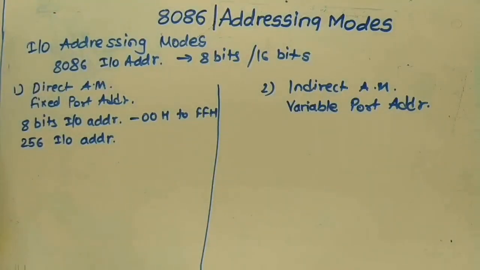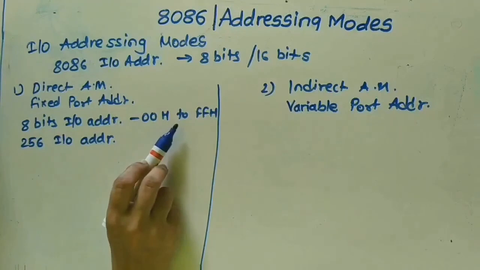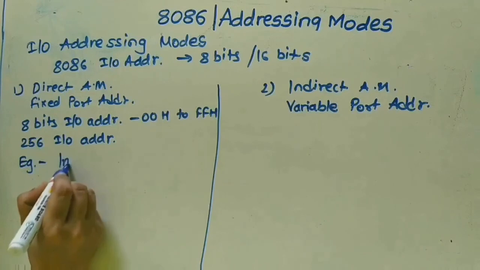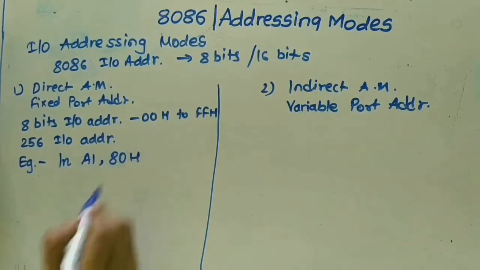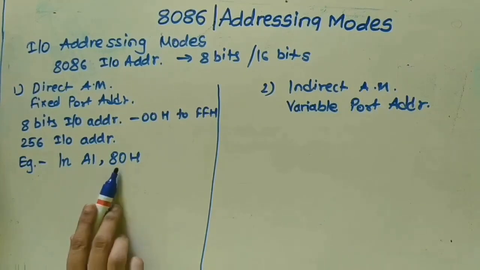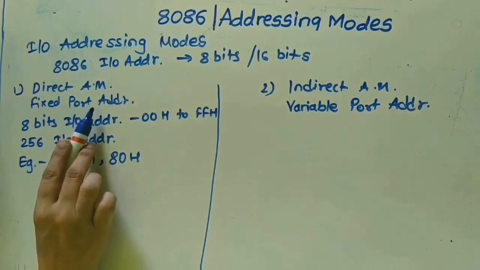Here we can use direct addressing mode, that is, the IO address is specified in the instruction itself. For example, IN AL, 0AH. Here the AL register will get data from the IO port address 0AH. This is fixed port addressing.